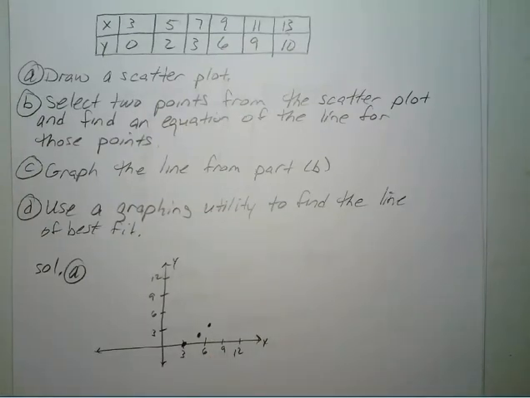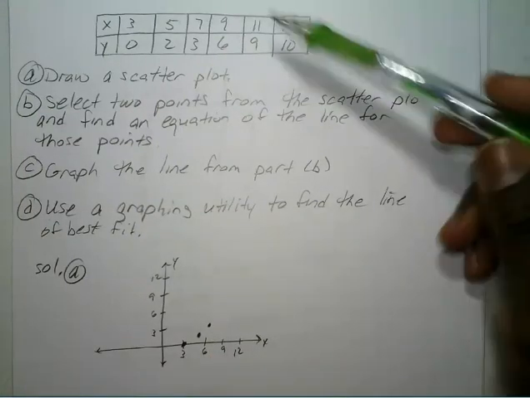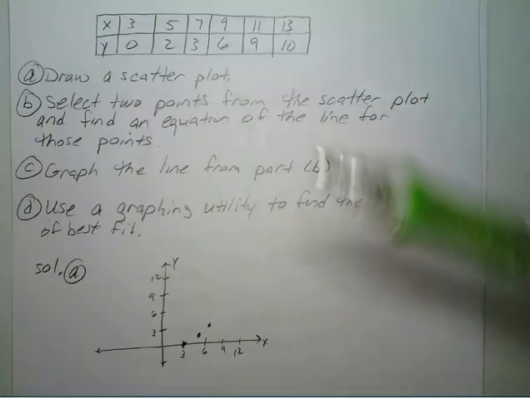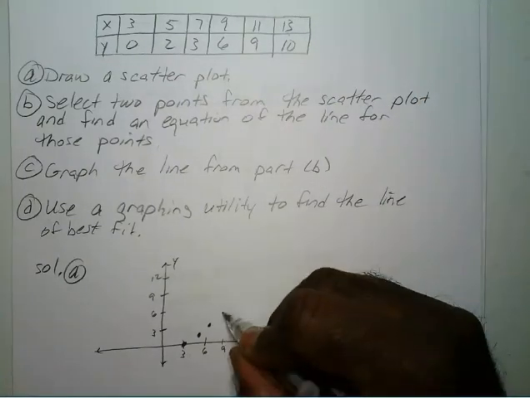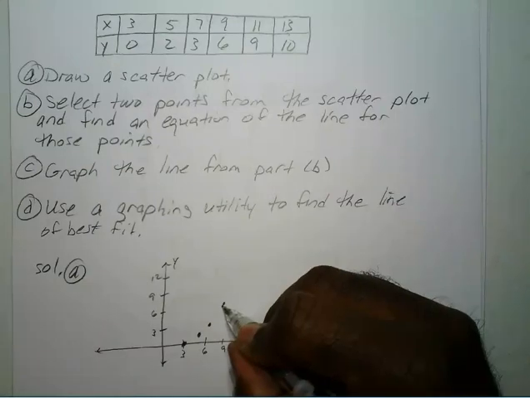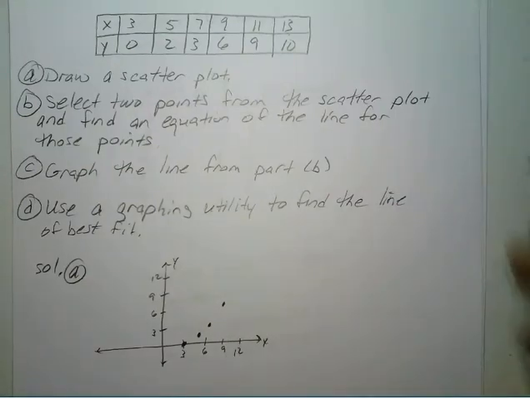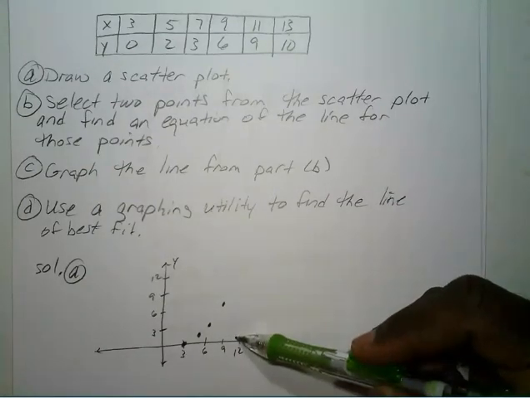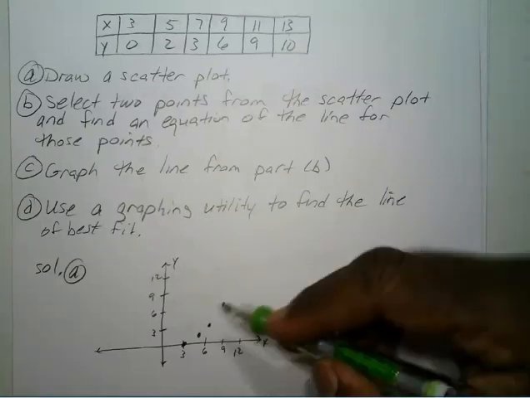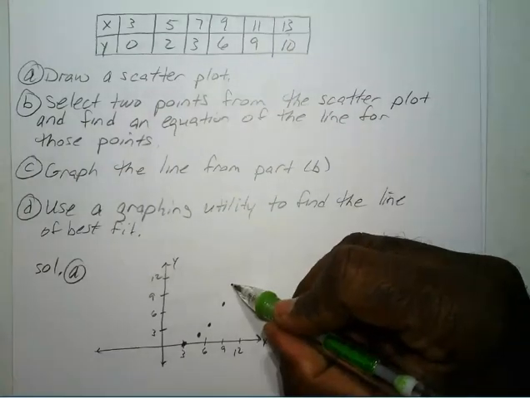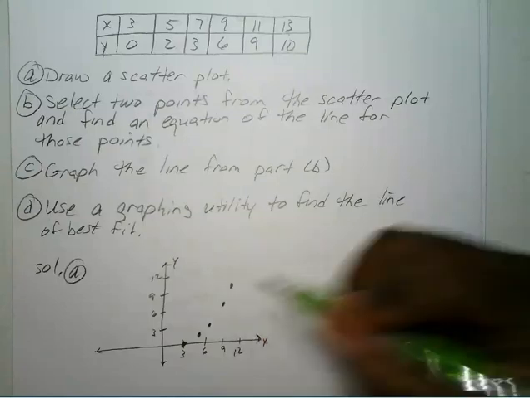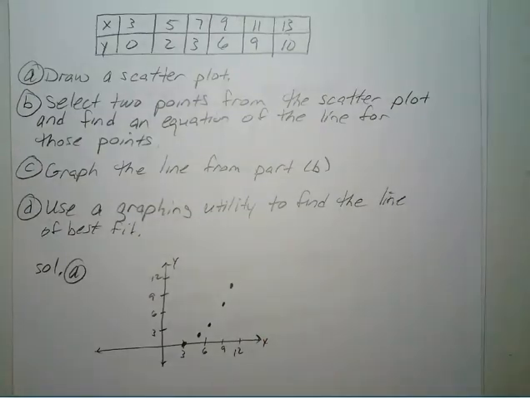When X is 9, Y is 6, so we go from 9 and go up to 6. When X is 11, Y is 9, so we go up from 11 to about 9. That's close enough. Maybe a little lower.